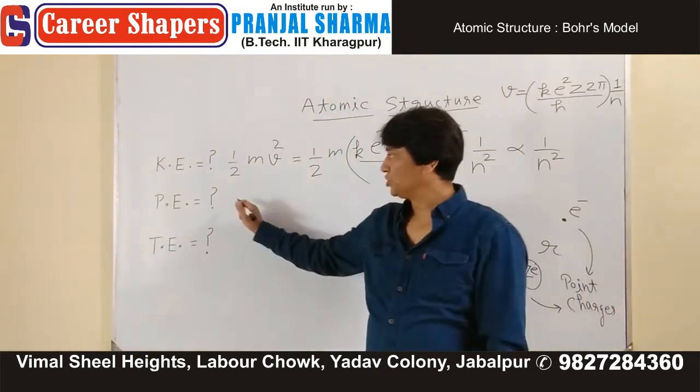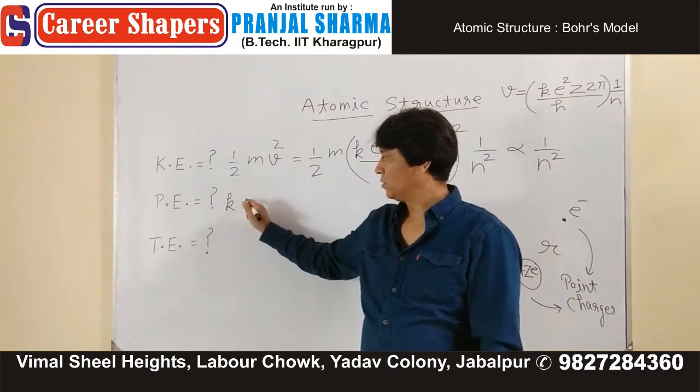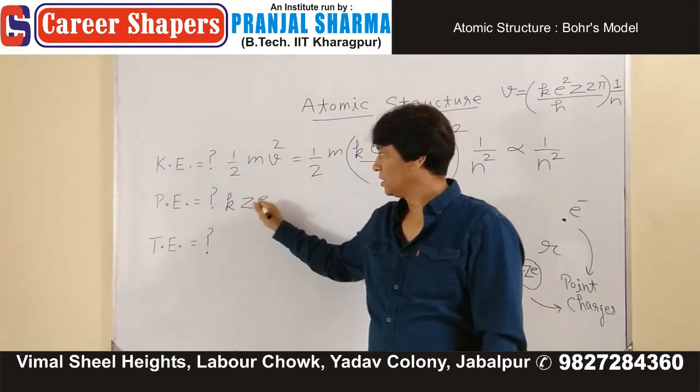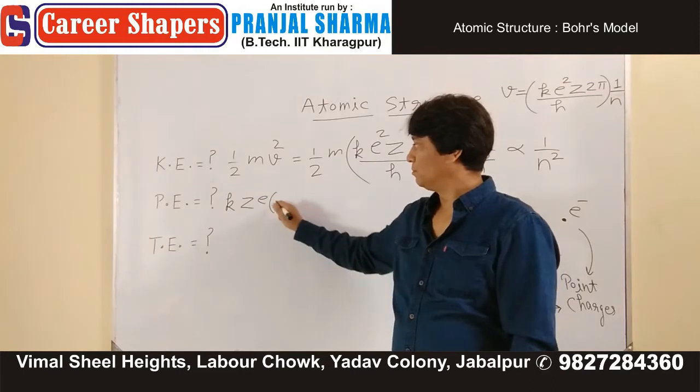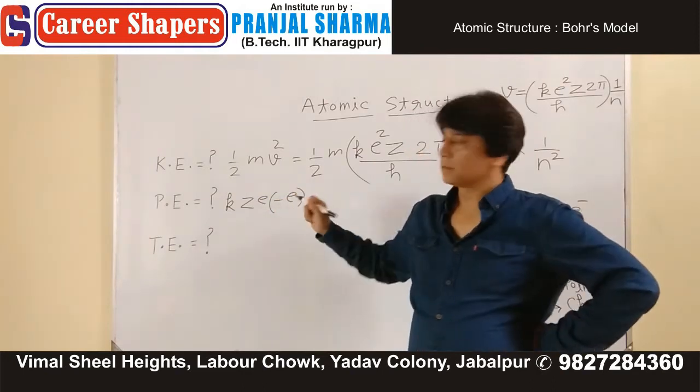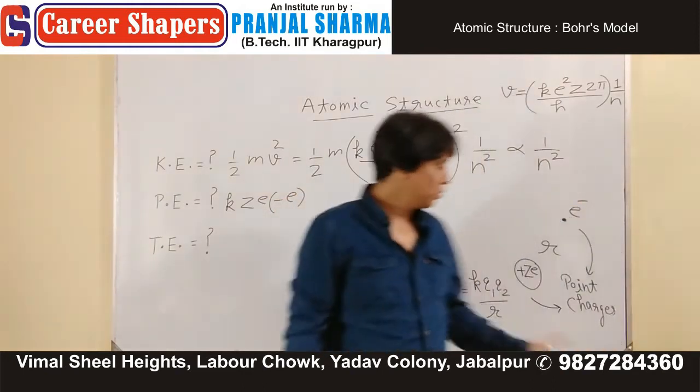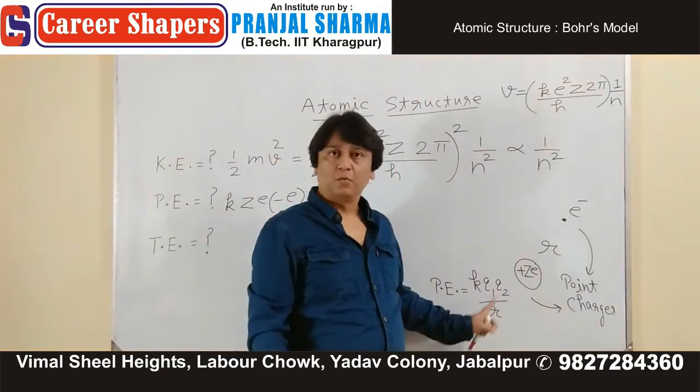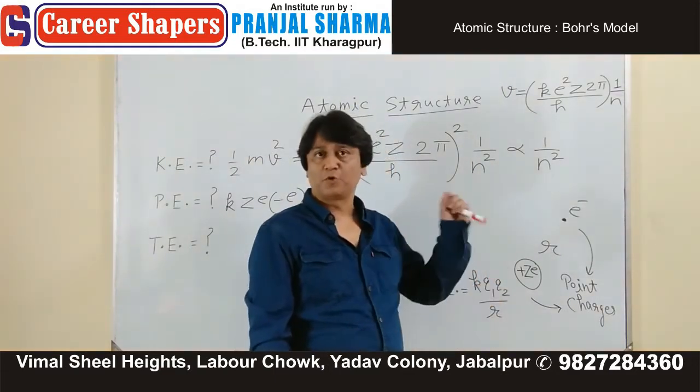So what is the potential energy? K. What is Q1? Ze. What is Q2? Minus of E. When we use K Q1 Q2 upon R, we take Q1 and Q2 with proper sign.